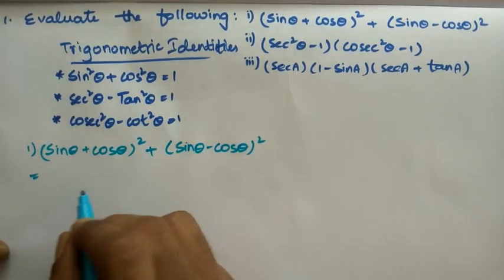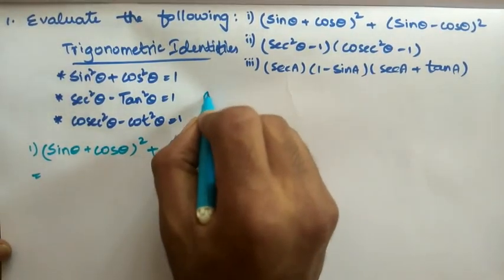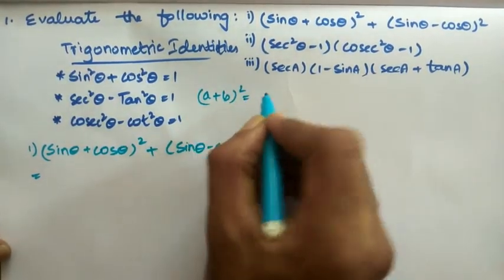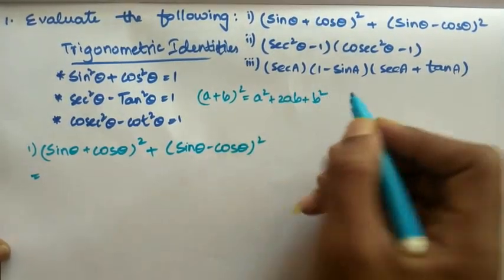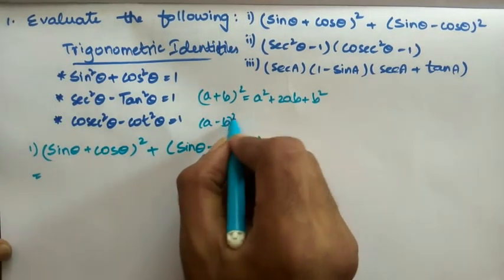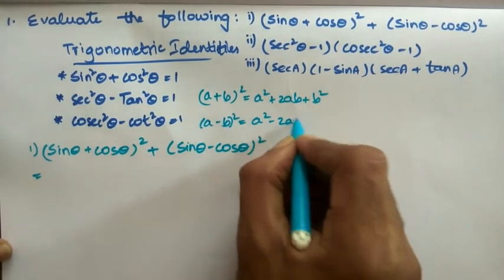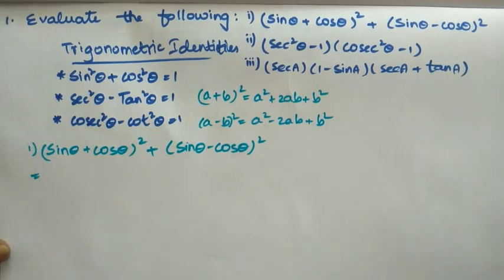A plus b whole square is nothing but a square plus 2ab plus b square, and a minus b whole square is nothing but a square minus 2ab plus b square.